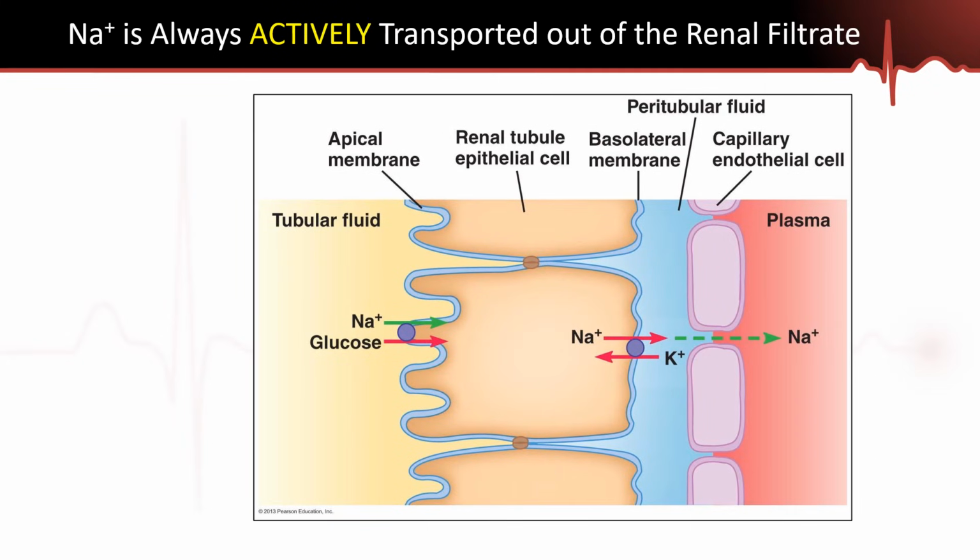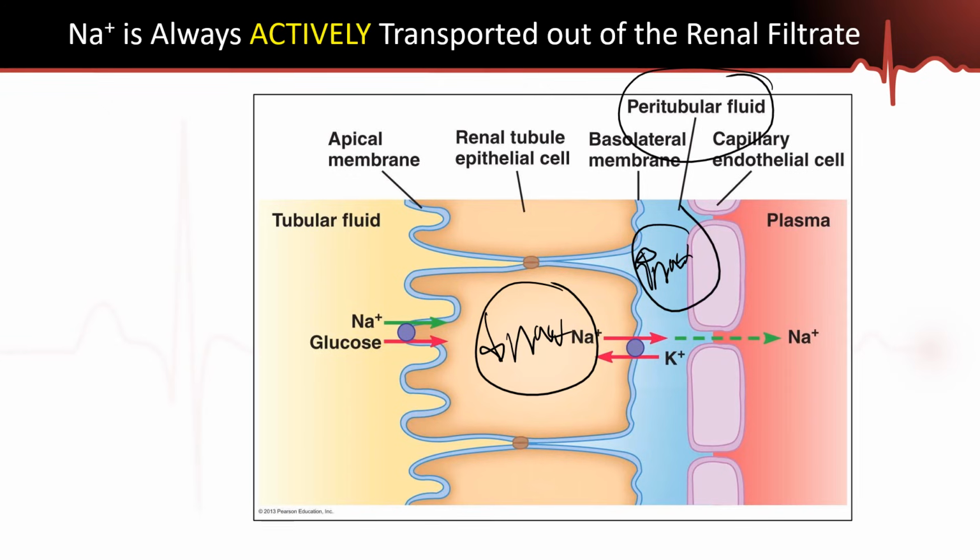Okay, so sodium is very low. This is a comparative thing. Sodium is very low in the cuboidal epithelial cells lining the nephron, specifically in this example, the proximal convoluted tubule, compared to the concentration of sodium within the interstitial or peritubular fluid.